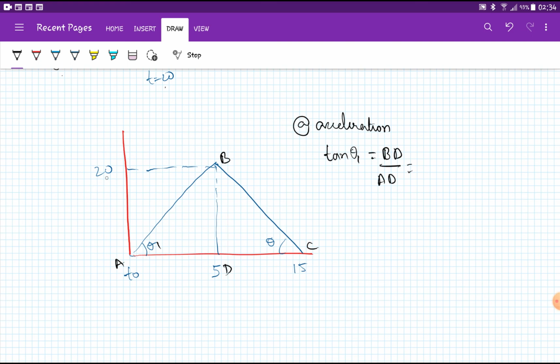Here BD is the maximum velocity it has achieved, 20. AD is 5 here, so you will get 4 meter per second square.